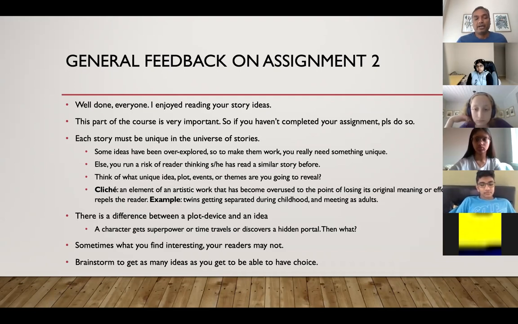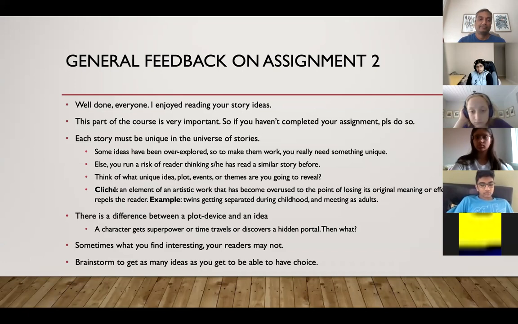Now on to the feedback. So each story has to be unique in the universe of stories. So what that means is when you write a story, it needs to feel and seem like a unique story for a reader. So when reader is reading a story, he or she should not be feeling that, hey, I've read something like this earlier, or this is 70% of this is already explored, right?